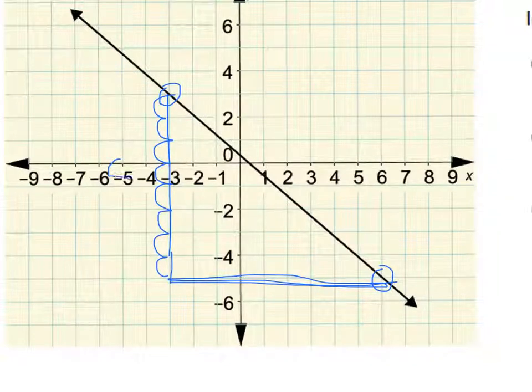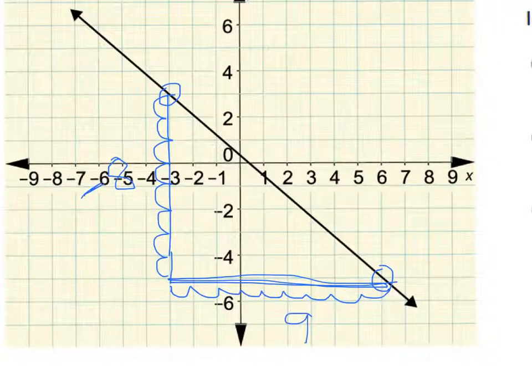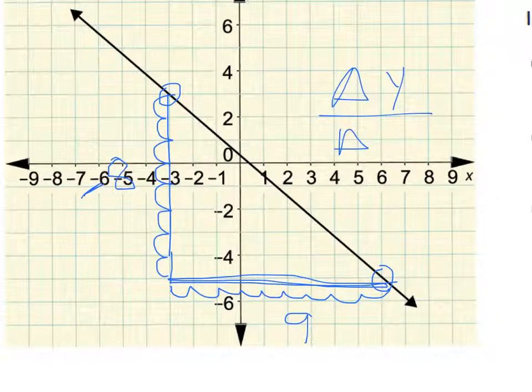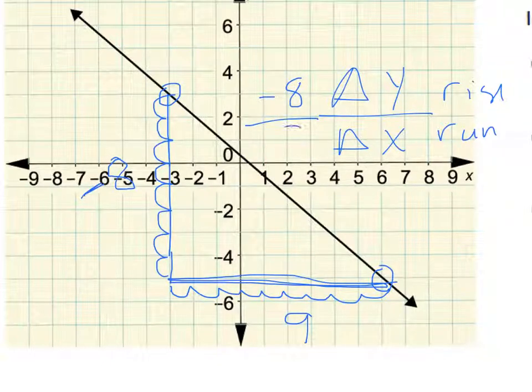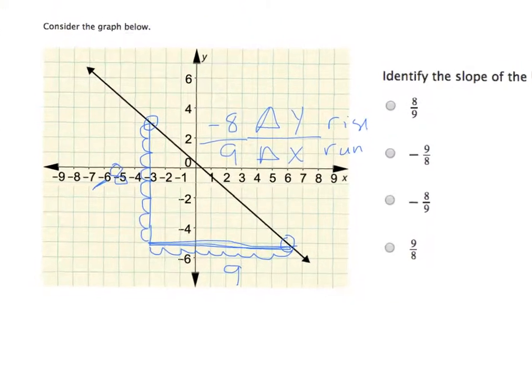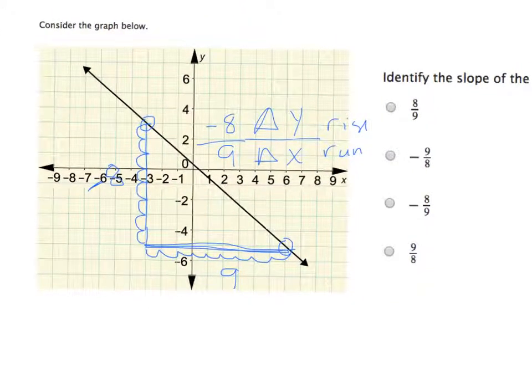So I went down 8 and over 1, 2, 3, 4, 5, 6, 7, 8, 9. So to find the slope, remember it is the y change over the x change, or the rise over the run. And here, my y change, I went down 8 and over 9, so negative 8/9. So I'm going to go in, and sure enough, we have that as an answer, negative 8/9.